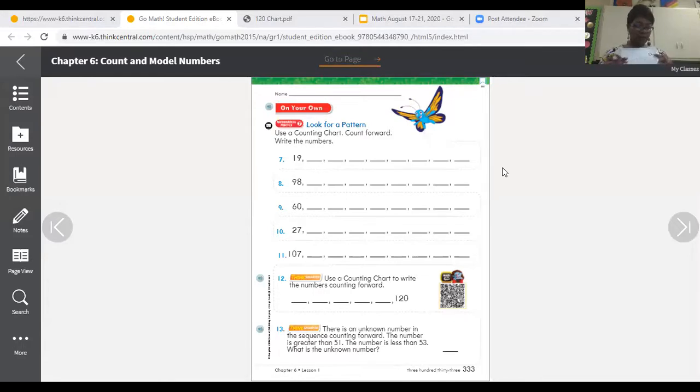So what I'm going to have to do on my number chart, I'm going to have to start back over here, and I go to 21. Okay? Very important. After 21 comes 22.